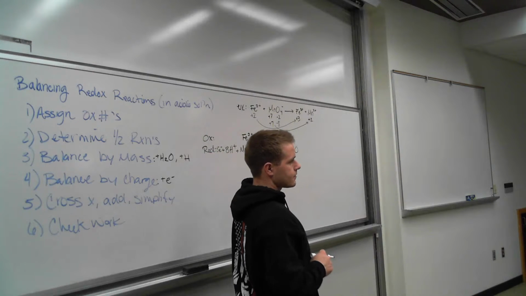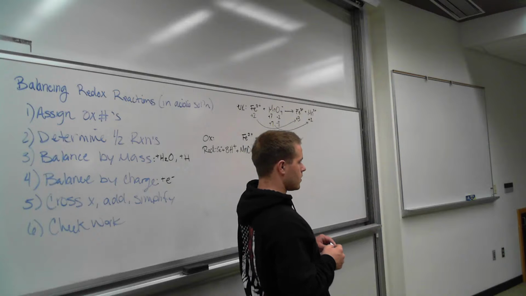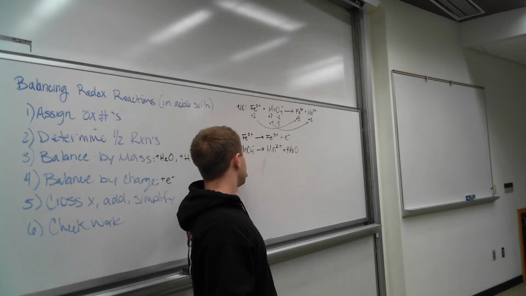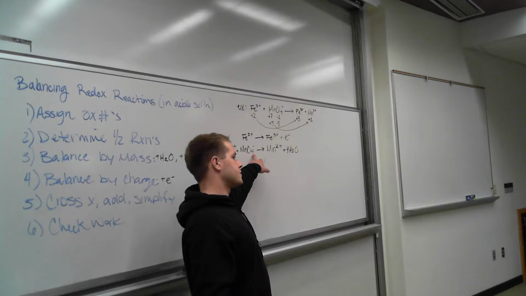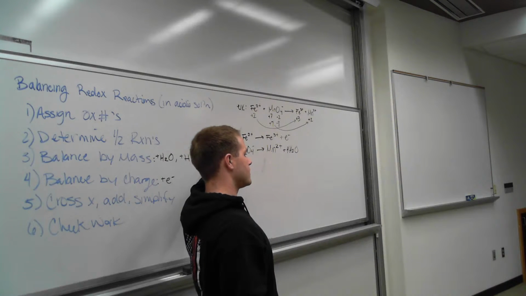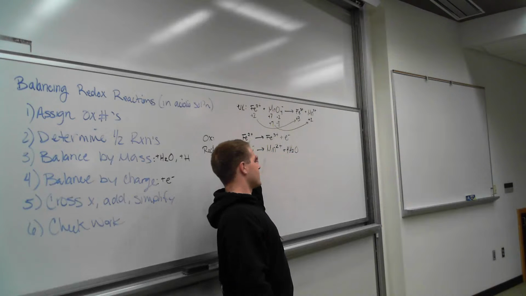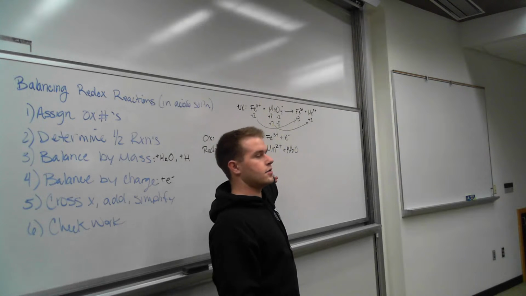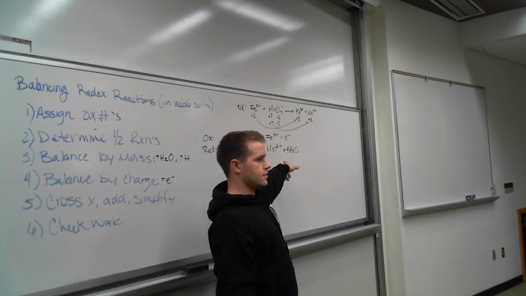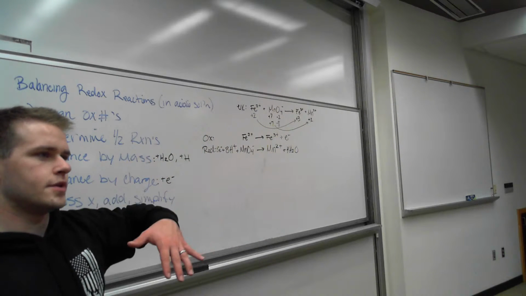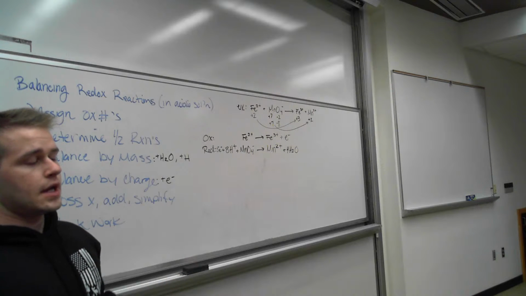Does that make sense? So remember, electrons carry a negative charge. So we have 8 minus 1 minus 5, which gives us plus 2, and here we have plus 2. There's no way to add a positive charge.